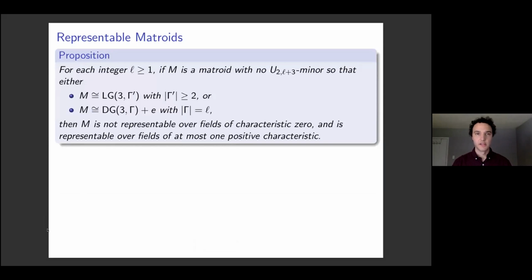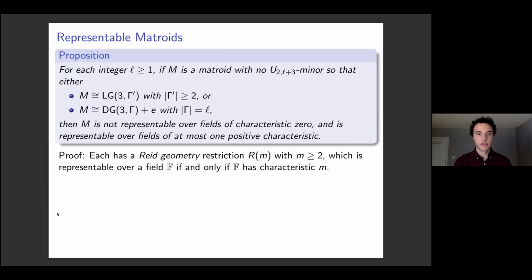For each integer L at least 1, if M is a matroid with no length L plus 3 line as a minor, so that either M is a rank 3 lift geometry over a non-trivial group, or M is a simple extension of a rank 3 Dowling geometry over a group of size L, then M is not representable over fields of characteristic 0, and is representable over fields of at most one positive characteristic. So the representability of these matroids is very restricted. And here's the reason why.